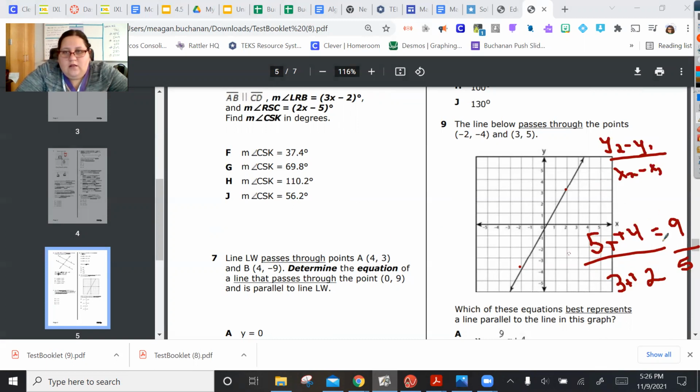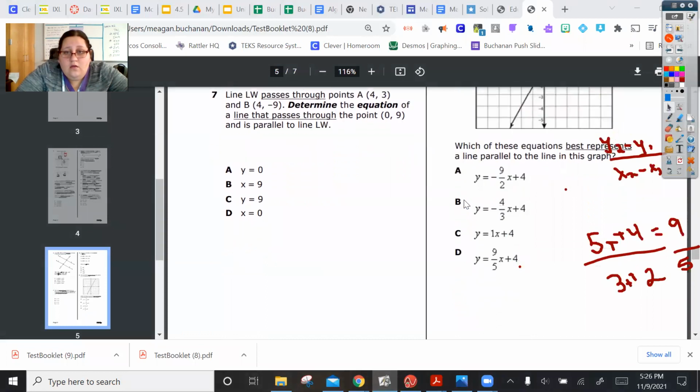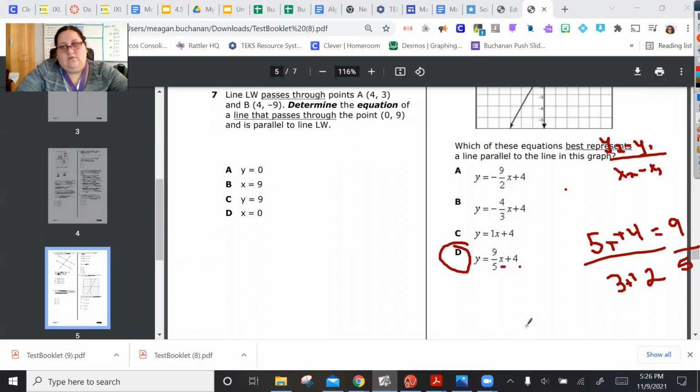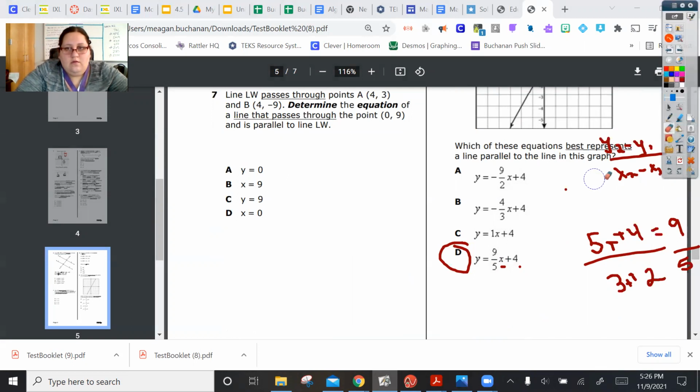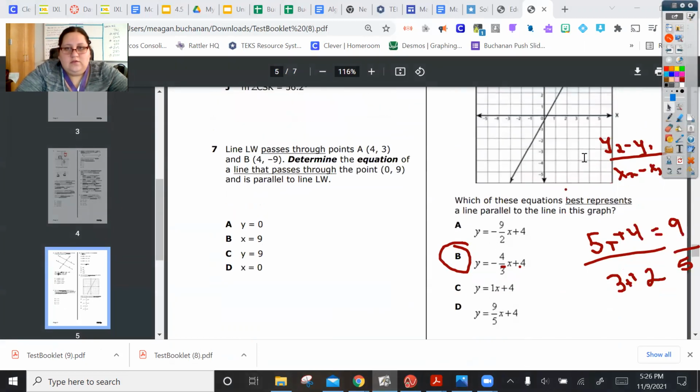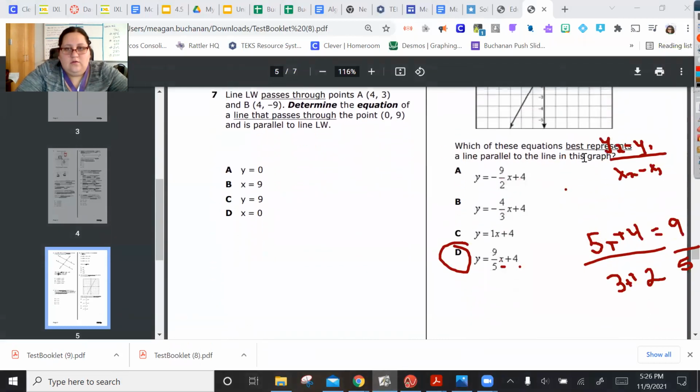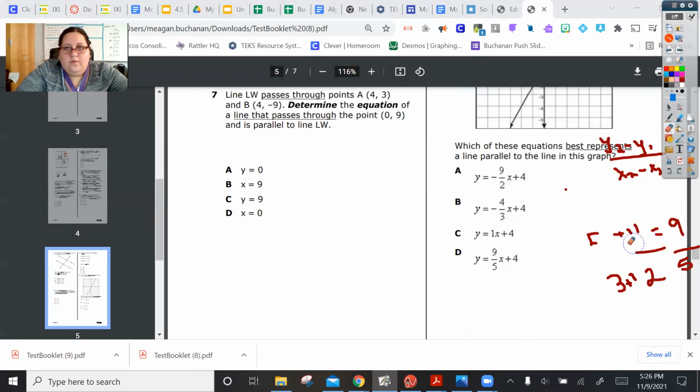So we know for it to be parallel, it's got to have the slope 9 over 5. There's only one that has a slope of 9 over 5. Slope is always next to x, so that's going to be D. D was number 9. Okay, got a couple more.